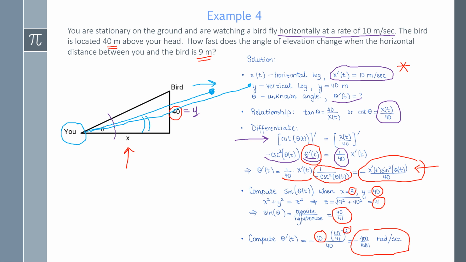So identify where each number is going to go and then find the relationship. The differentiation part is usually the easy step. And also try to make sense out of your numbers. The fact that we get a negative rate over here makes sense.